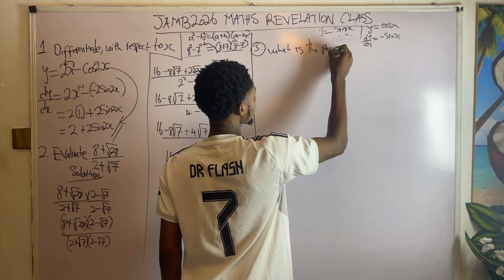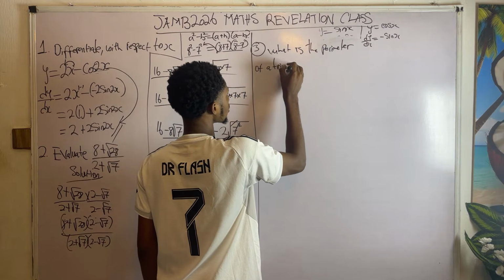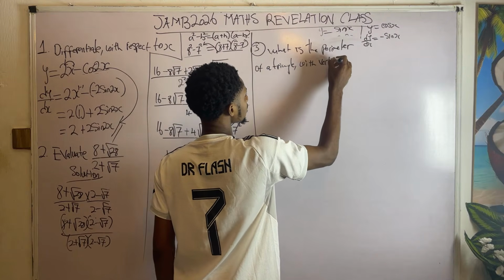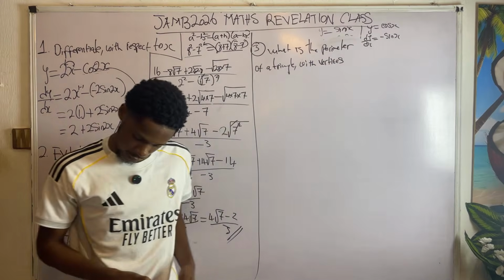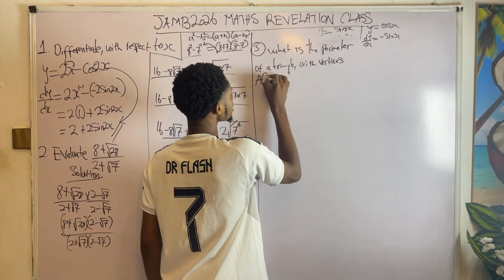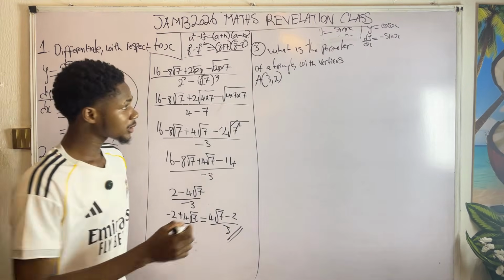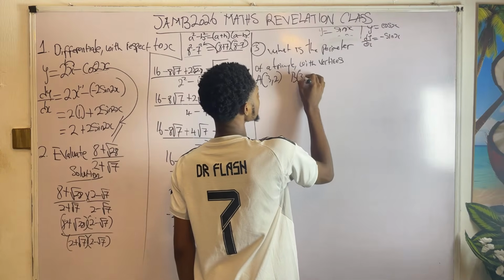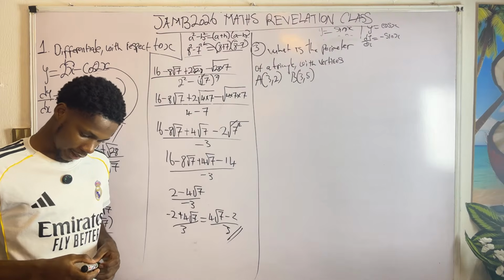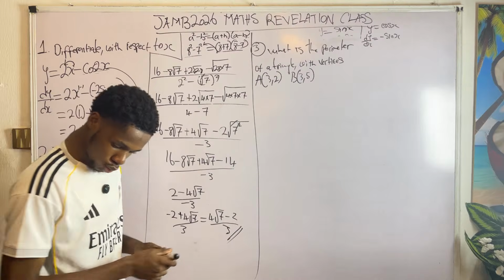What is the perimeter of a triangle with vertices A (3, 2), B (3, 5), and C (6, 2)?